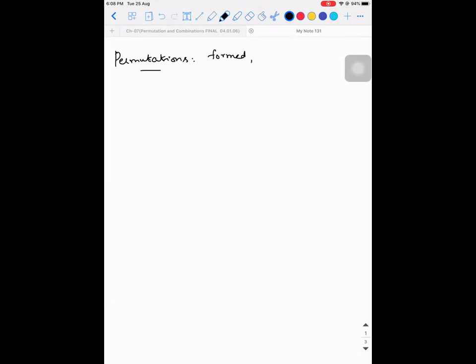The keywords would be formed, arranged, permutations. Where these kinds of words are used, you will understand that you're supposed to apply permutation. But when it comes to miscellaneous problems, you will not know whether you need to apply permutations or combination. You need to have clarity of it. Unless you have clarity, you will not understand when to apply permutation and when to apply combination.